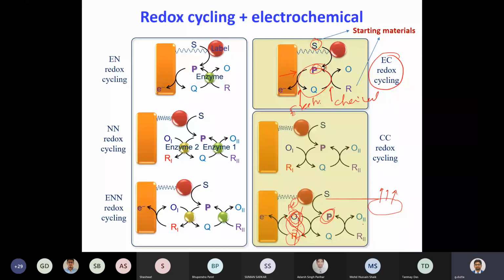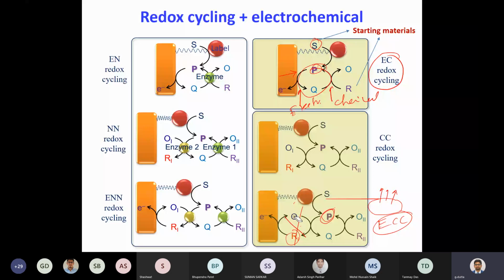Okay. So if you want to get the ECC, then you have to add one more extra redox moiety. Like Fc plus, it is one part of a redox couple, so we can add it, and it can take part in the cycling reaction.